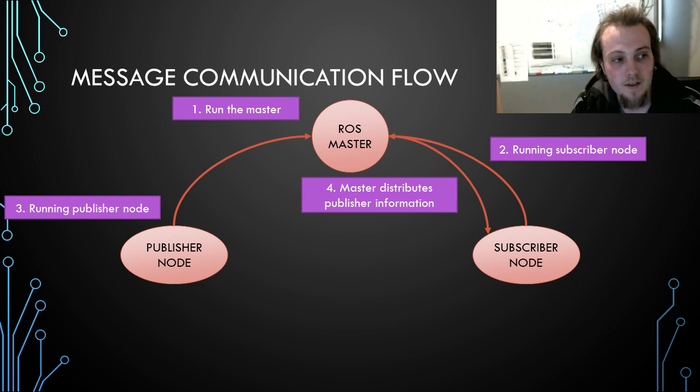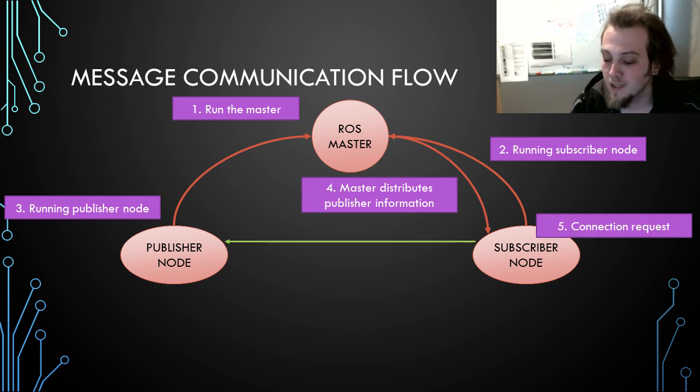From there, the subscriber node needs the information of the publisher node such that it can connect to its topic. So the master distributes publisher information for the subscribers that want to connect to that publisher, and we can see that here in the slides.